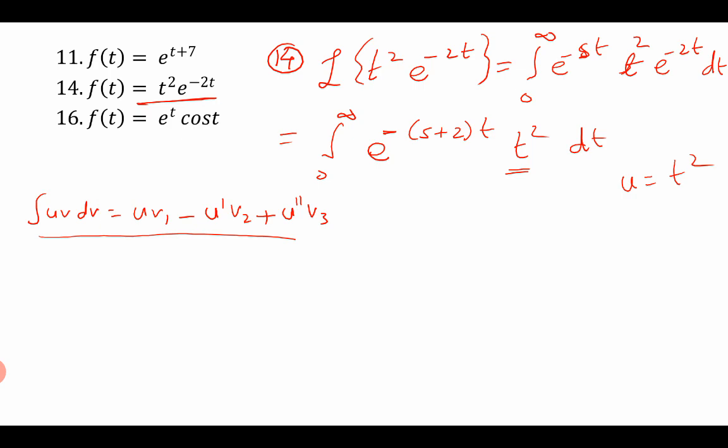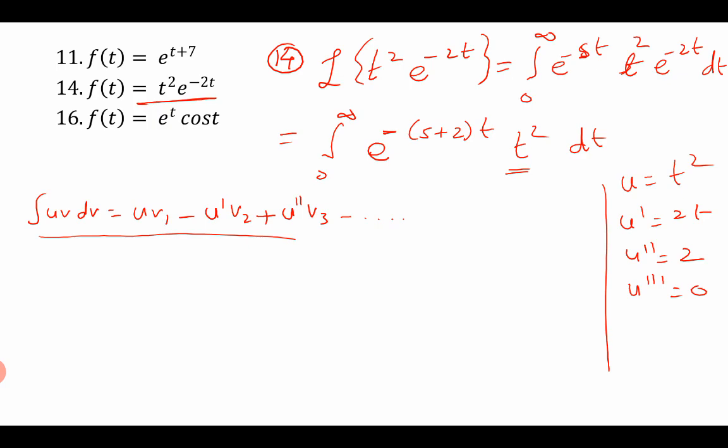Otherwise go with the original form of integration by parts. So u is equal to t square, u prime is 2t, u double prime is 2, u triple prime is 0. So up to u double prime we have terms; the other terms are 0.